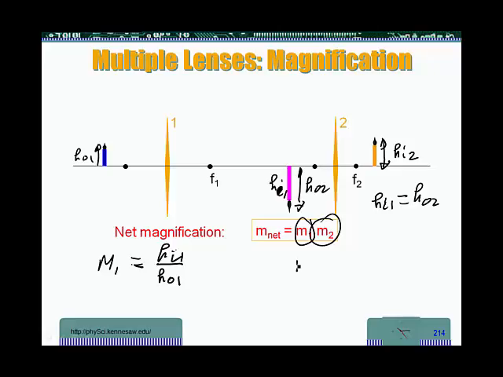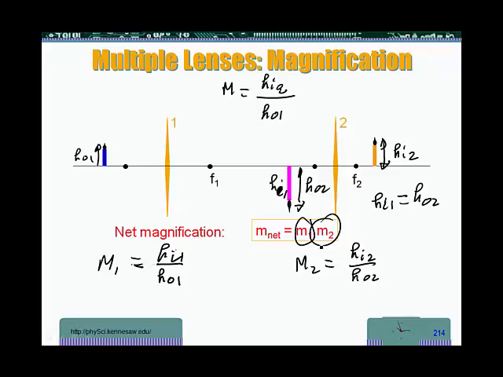Now the magnification of lens 2 is equal, using the definition again, HI2 over HO2. The overall magnification by definition should be the final image height, HI2, over the original object height, HO1.